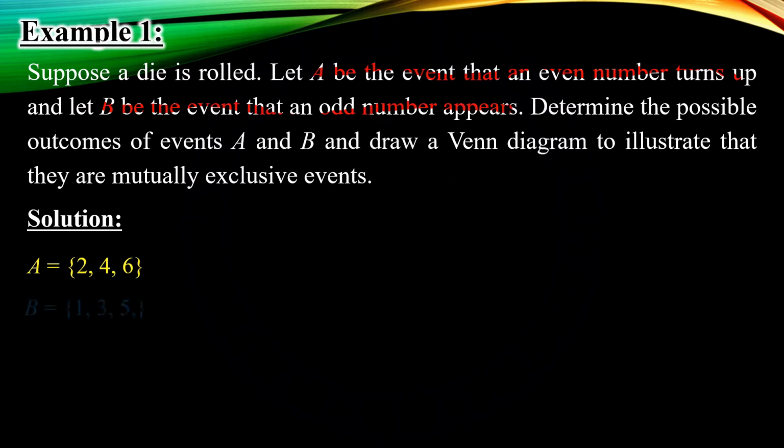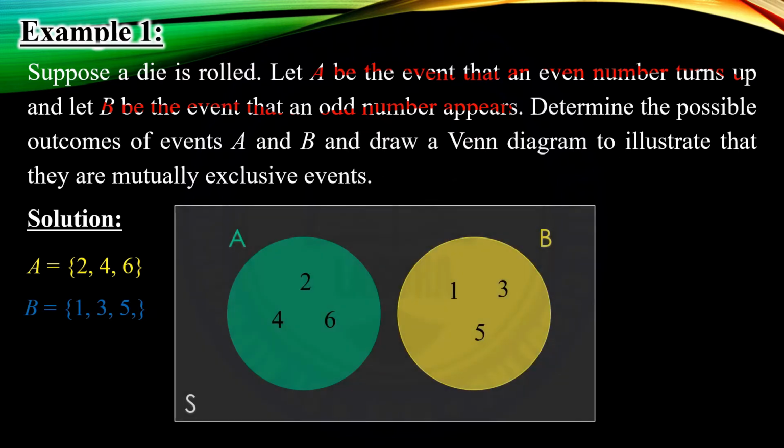So, the event B contains 1, 3, and 5. So, our illustration would become like this. We can also describe this illustration as A intersection B is equal to the null set because the two events do not have the same elements.